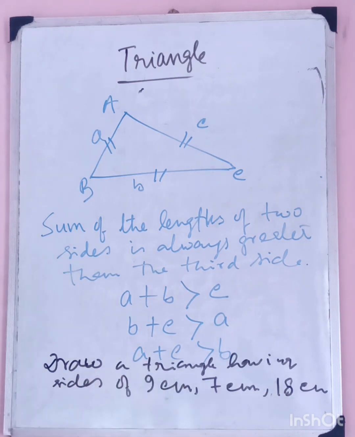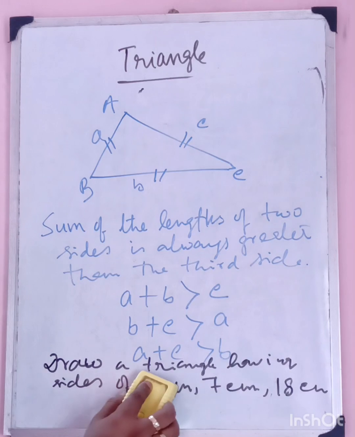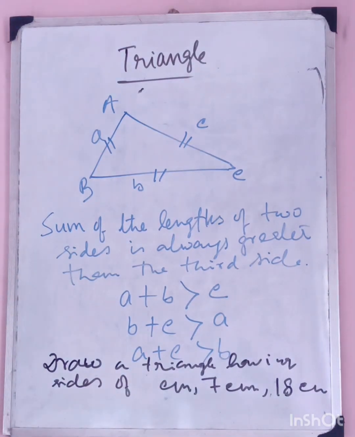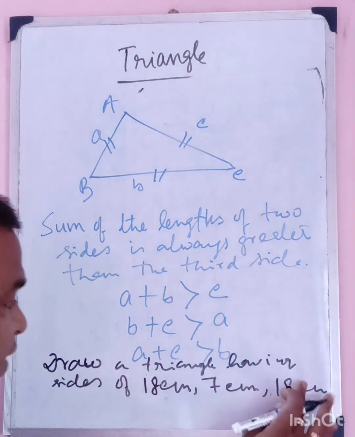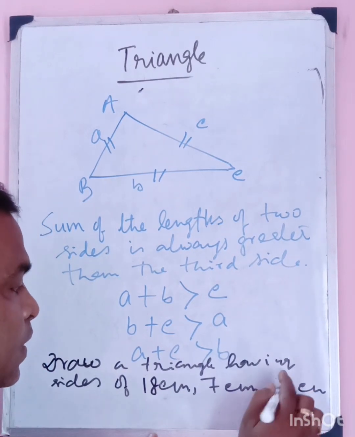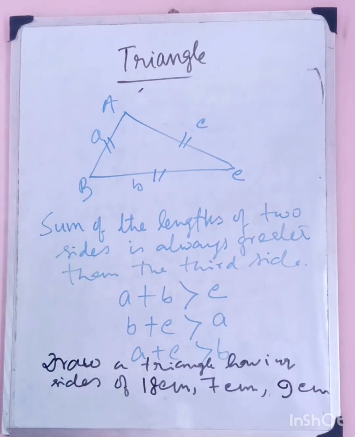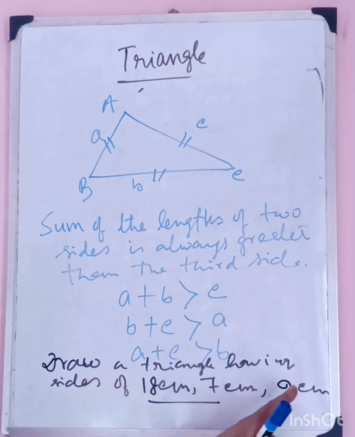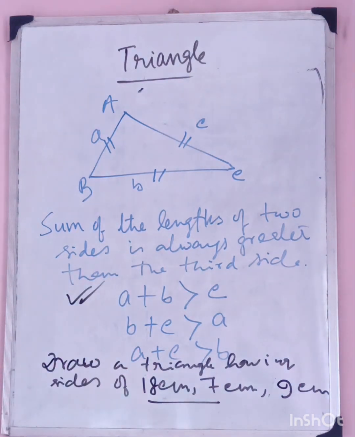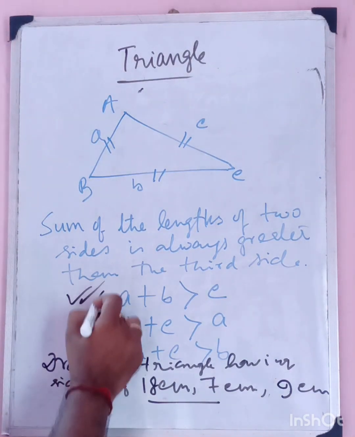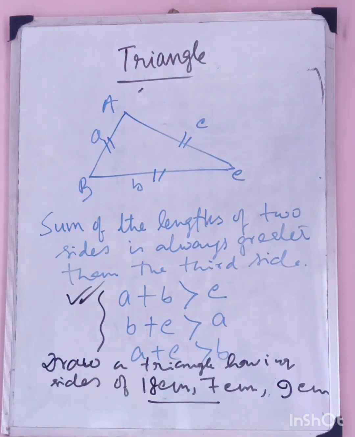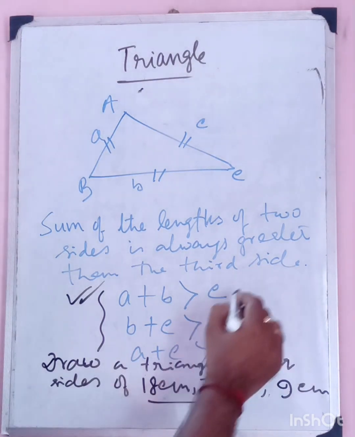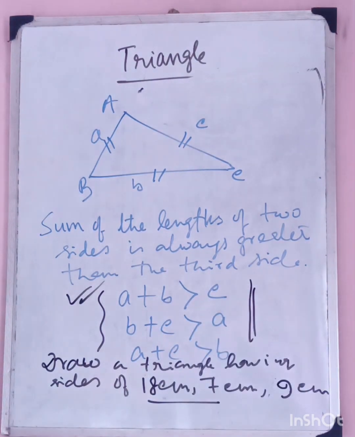This question can also come like this: 18 in the first position, 9 in the third position. Normally you students sum up the first two. So 18 plus 7 is 25, greater than 9. So this is fulfilled. But you have to check all the three conditions. In any case, this should not be disobeyed.